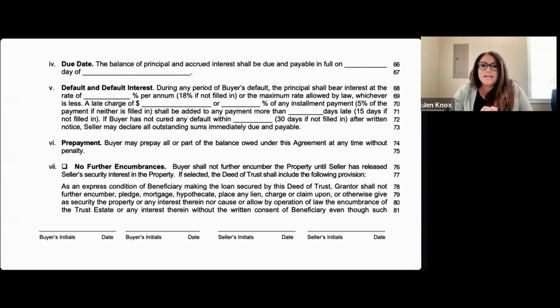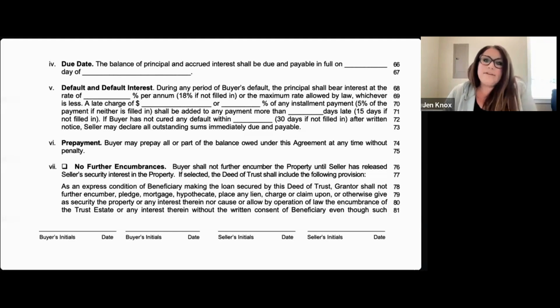So there's really not a huge benefit to stretching this out in seller financing. Public interest rates change, the market's going to change. And although it might be right for the time, you definitely do want to have an end date.